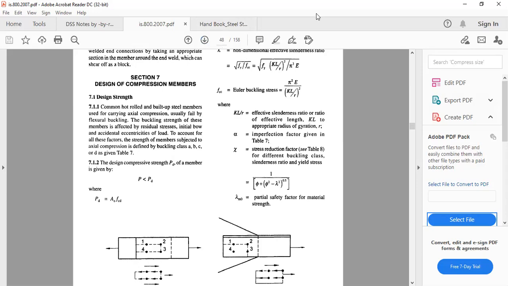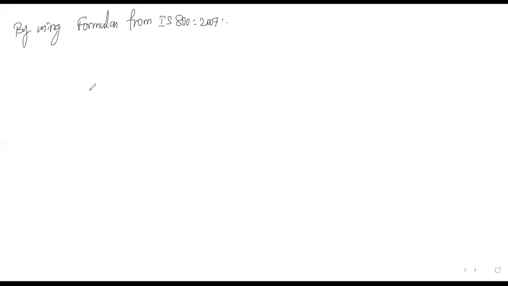Let us go for the solution using the formula. PD is equal to AE into FCD, whereas FCD, first we should go from the bottom.